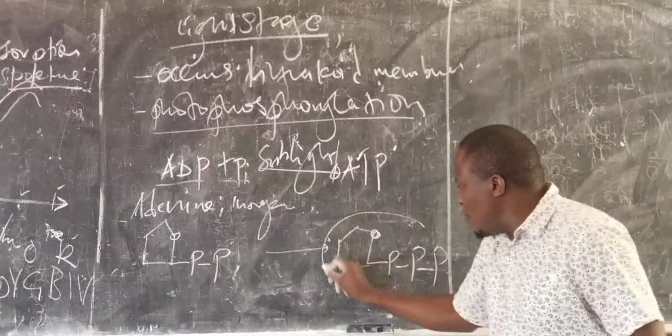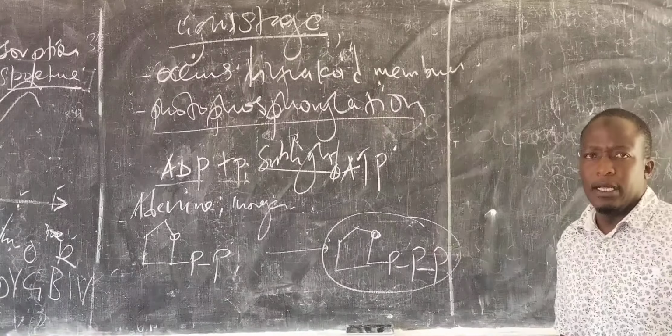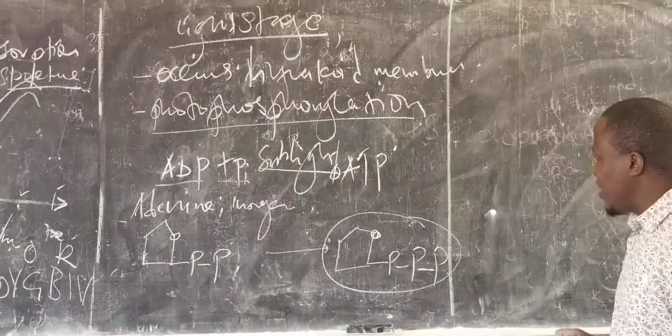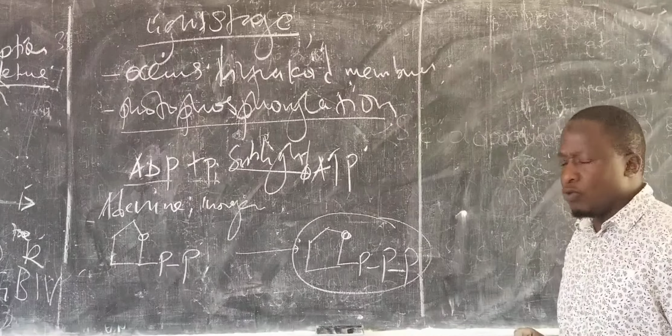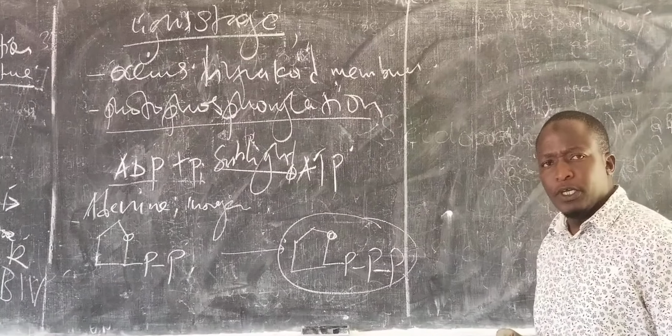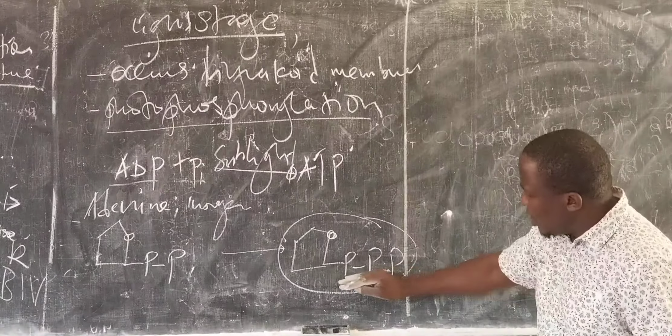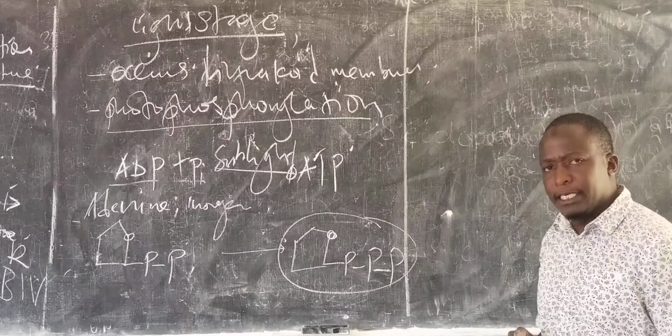This is the form in which energy in the body is stored. We cannot transfer energy in the body as heat, and this would disturb the homeostatic mechanism of temperature regulation. So we prefer transporting our energy in this form, which is not disturbing.